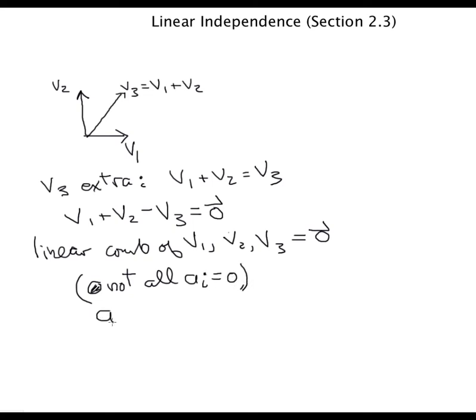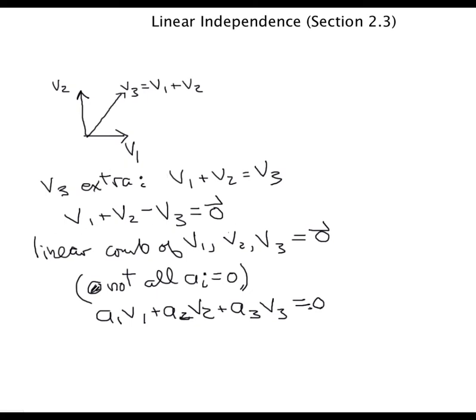By that I mean it's a linear combination a1 v1 plus a2 v2 plus a3 v3 is equal to 0. Well, it's obvious that if you take a1, a2, and a3 all to be 0, you can do this. But what's significant here is that you can find such a linear combination where they're not all 0. So that makes somewhat more precise the notion of having extra vectors.